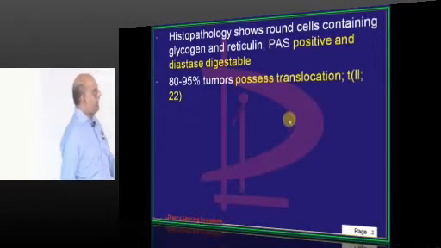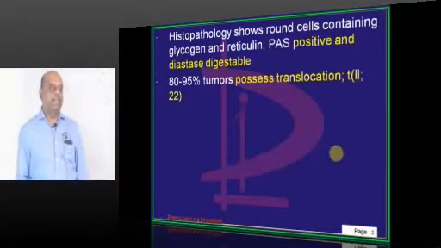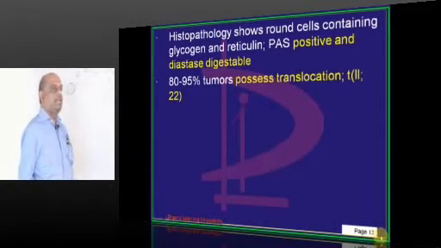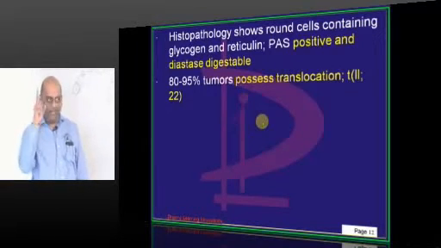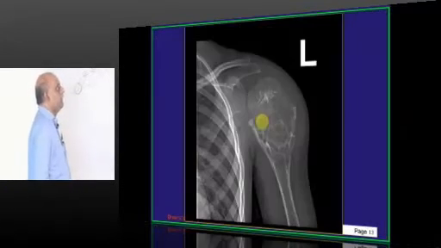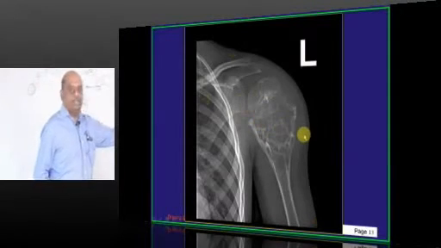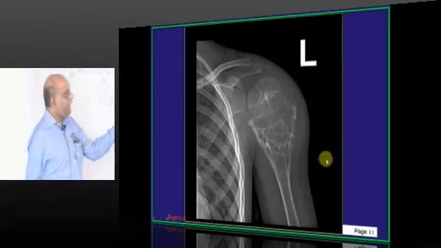And what is the translocation? 11;22 is classically Ewing sarcoma. It is diaphyseal. Diaphyseal is like a femur shaft. Shaft is like 1, 2 ones, double them, 22. 11;22.